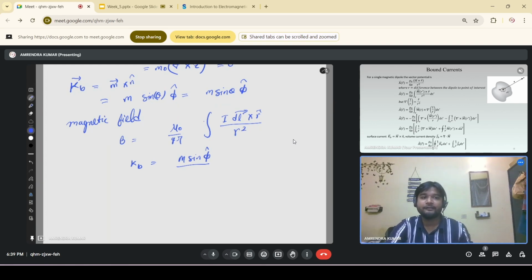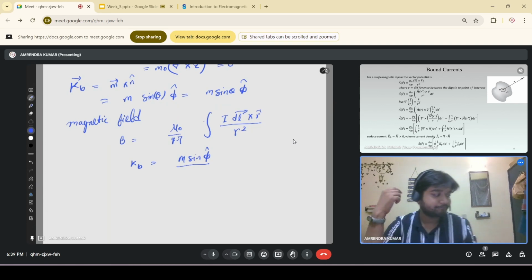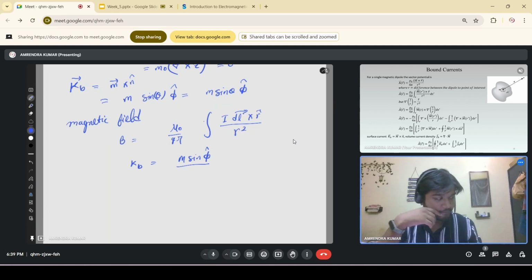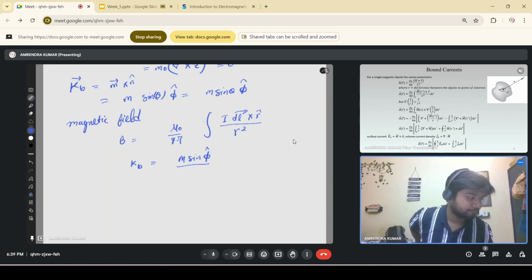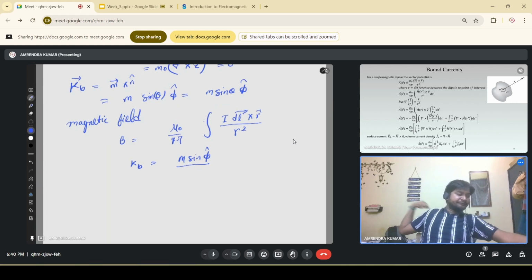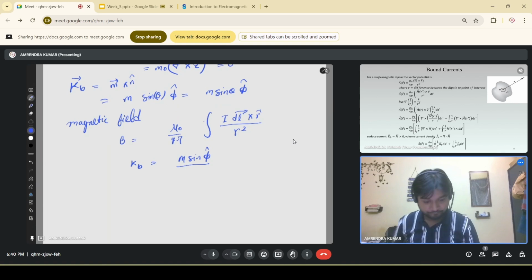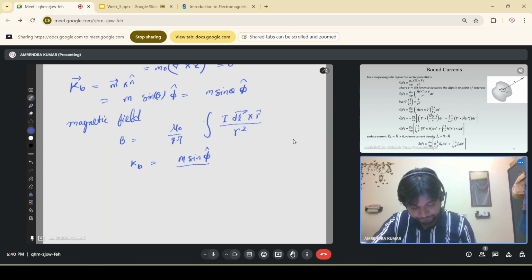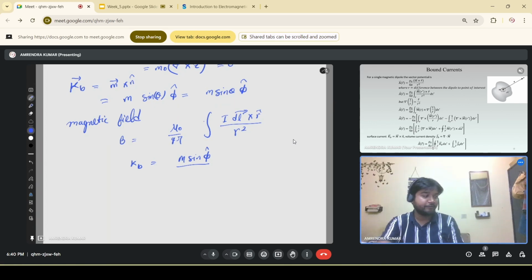So we have to calculate the perpendicular direction to this. Okay. This is our current density.